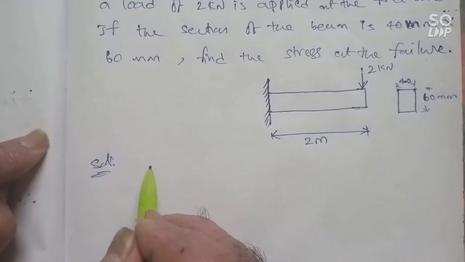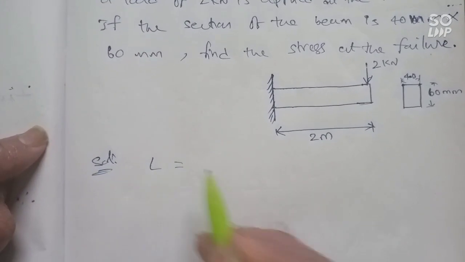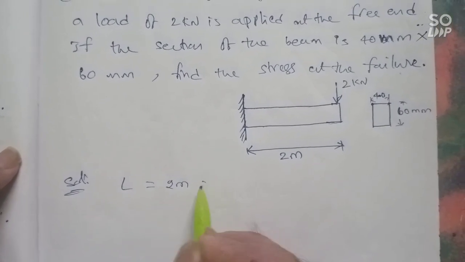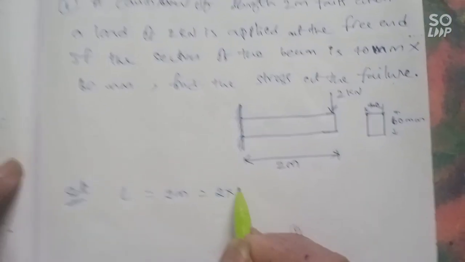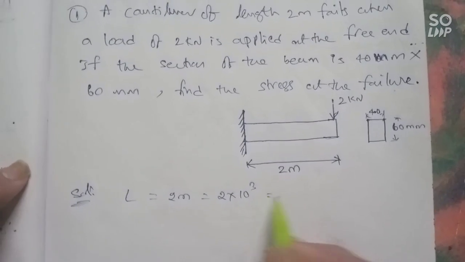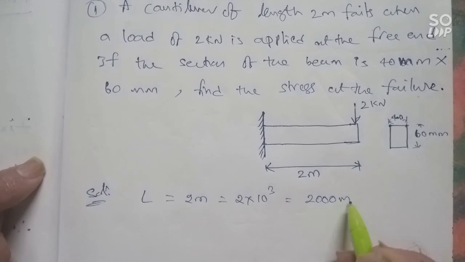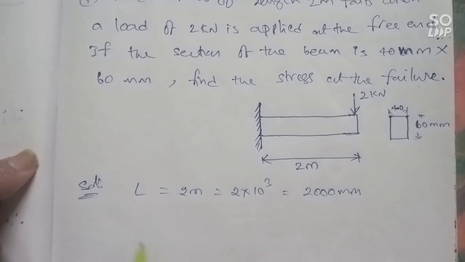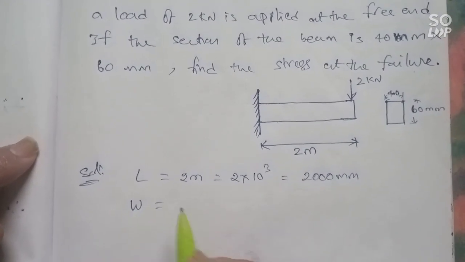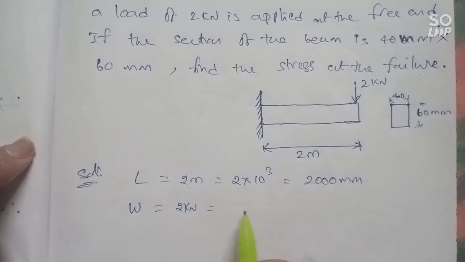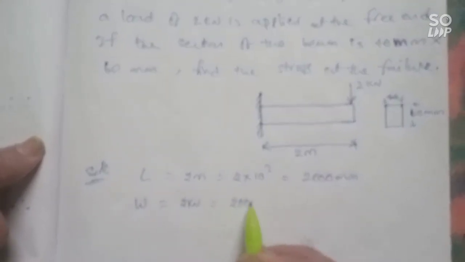Now the given length L is 2 meters, that is 2 into 10 to the power of 3, converting into millimeters, that is 2000 mm. Next, W, which is given as 2 kilonewtons, we can convert into newtons, it is 2000 newtons.